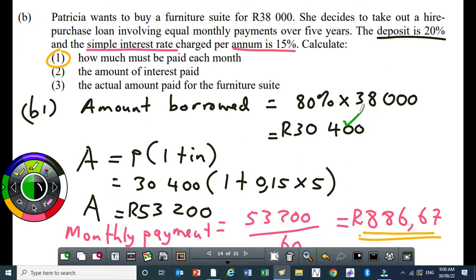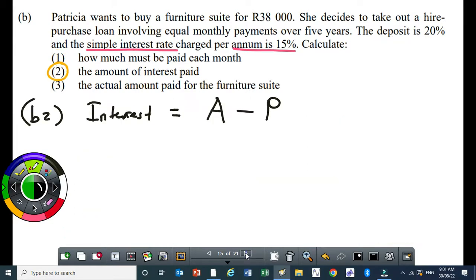She borrowed this. How much interest accumulated because of borrowing that? We subtract that amount, which is our P, from this 53,200. Are you following that? So we subtract this 30,400 from 53,200. So always your interest is equal to A minus P. So this will be equal to 53,200 minus 30,400.